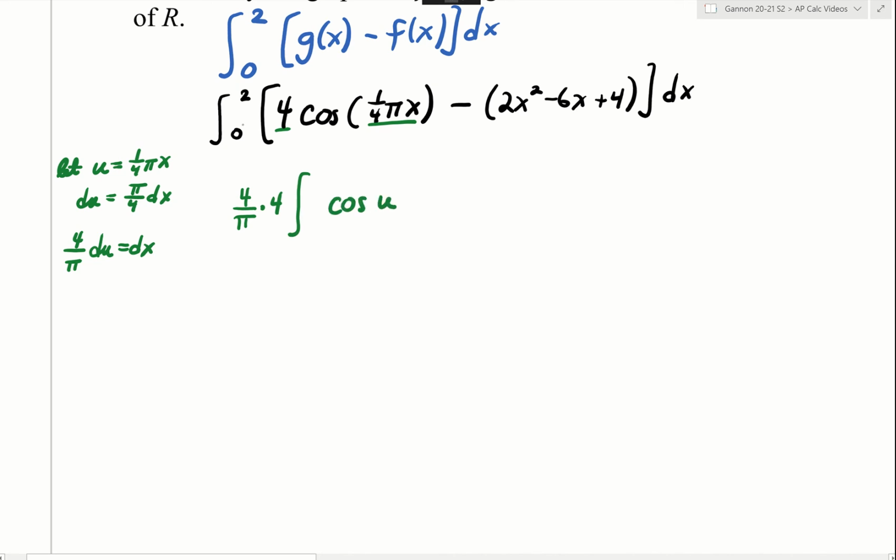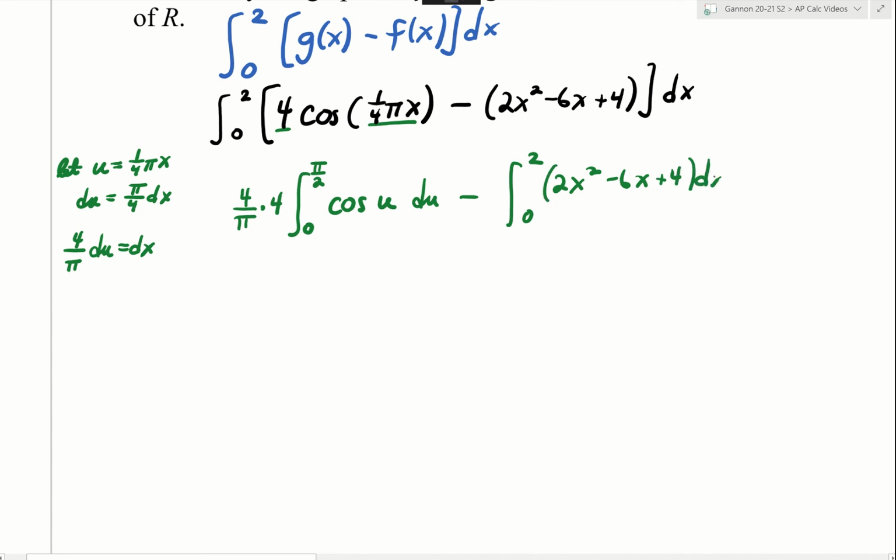We're going to change our limits of integration in terms of u. So if u is 0, it stays 0. But if x is 2, then 2/4 pi is pi over 2. All right, and that's integrated with respect to u. But then this is going to stay in terms of x, so I'm going to go ahead and just rewrite it.